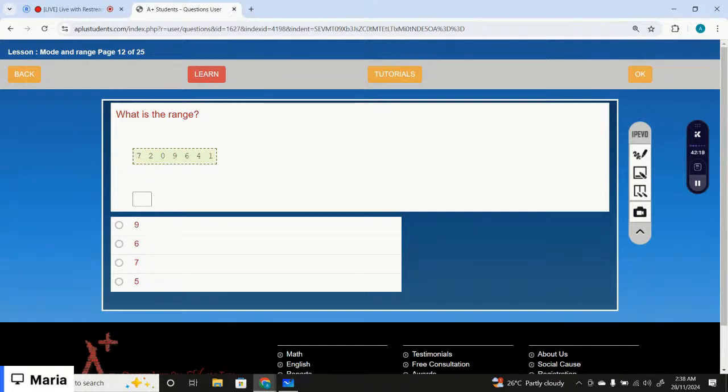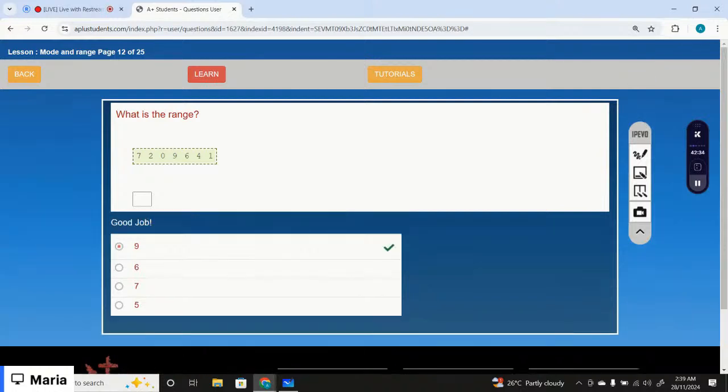The range is 9 minus 0, which is 9. Option number 1 is the correct option.